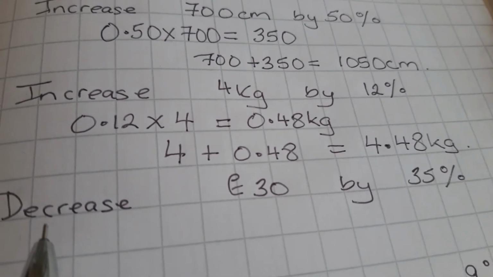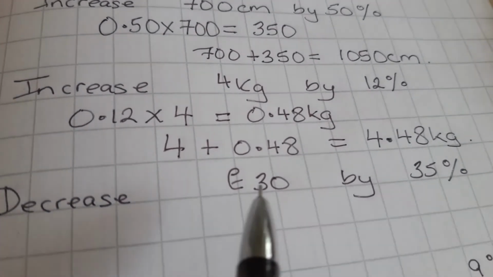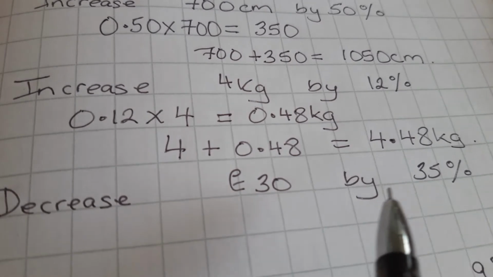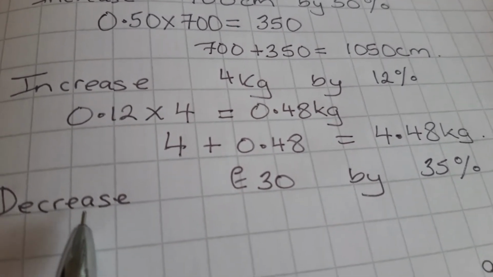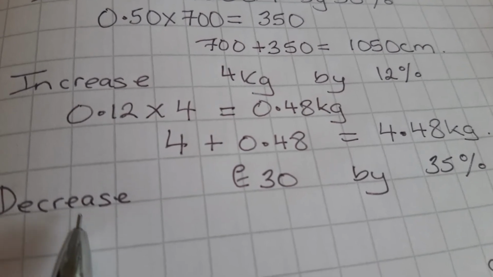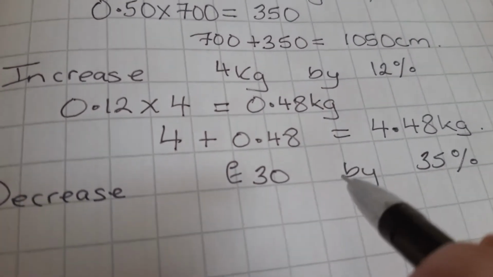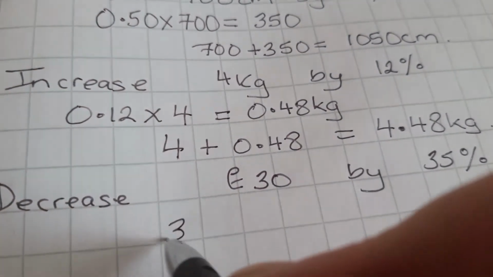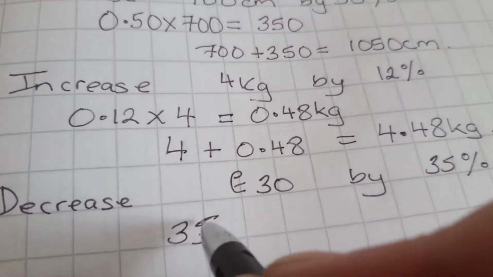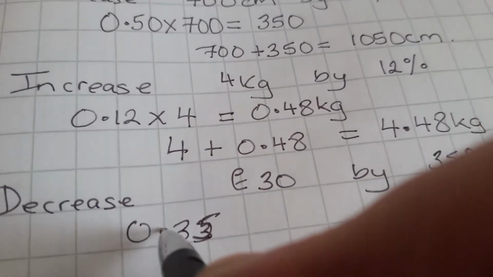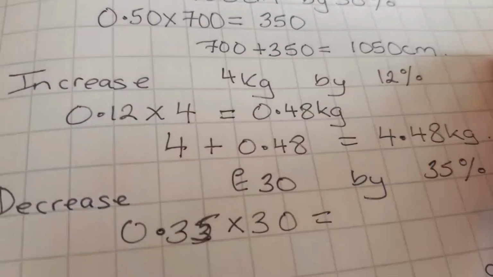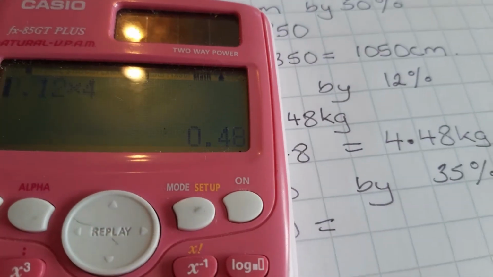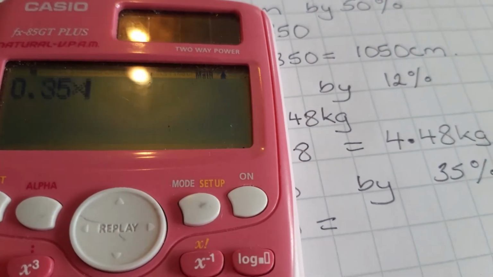Next question, decrease. So we're going to take £30 and decrease it by 35%. A decrease, remember, first of all, you should think this means I'm going to be taking away at the end. So work out the 35% first. 0.35 times 30, sorry about the writing. 0.35 times 30.